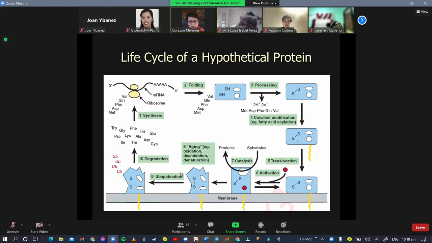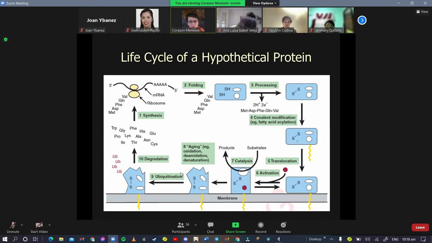Ubiquitination. Ubiquitin is very common in the cell and it plays a role in the degradation of the protein, okay? So there are two types of how to degrade the protein. And then after that, there will be further degradation to release all the amino acids.